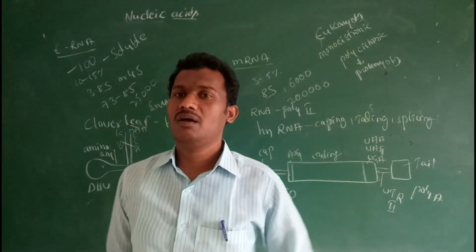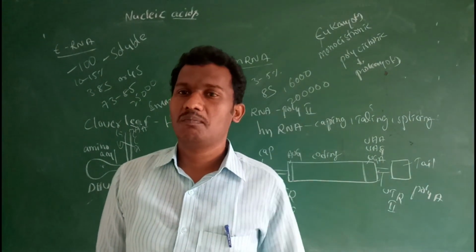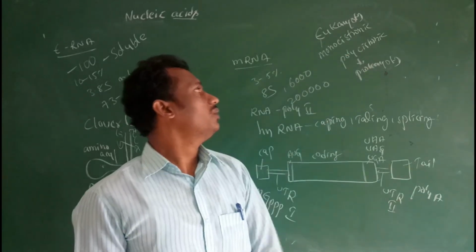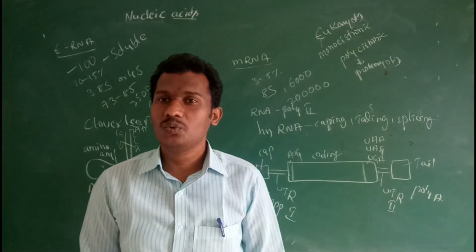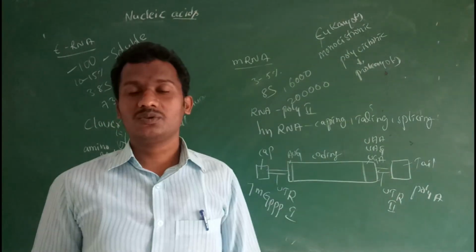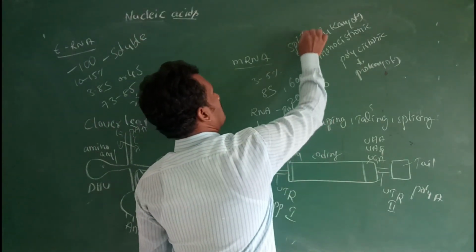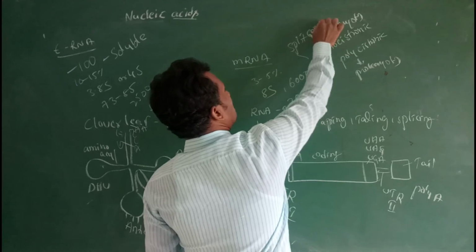Polycistronic means it forms a number of different polypeptides. Polycistronic is found in prokaryotes, monocistronic in eukaryotes. The monocistronic condition is also known as a split gene.